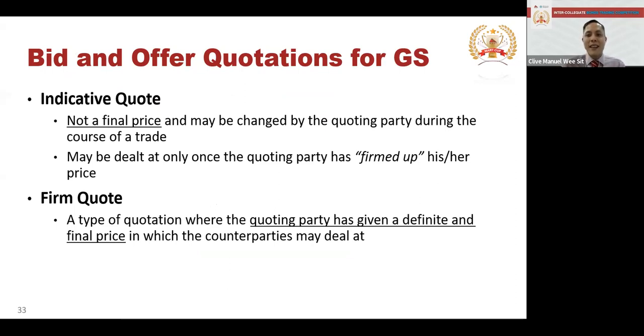After quoting an indicative 5.125 bid, 5.1 offer, after a minute, he comes back and says, okay, that 5.125 bid and 5.1 offer is now firm. So that's where you can deal. And once the quoting party says that it's a firm quote, you as the calling party can say, okay, mine. That means you're lifting the offer at 5.1. Or I can say, yours. That means I'm selling to the market maker at 5.125.